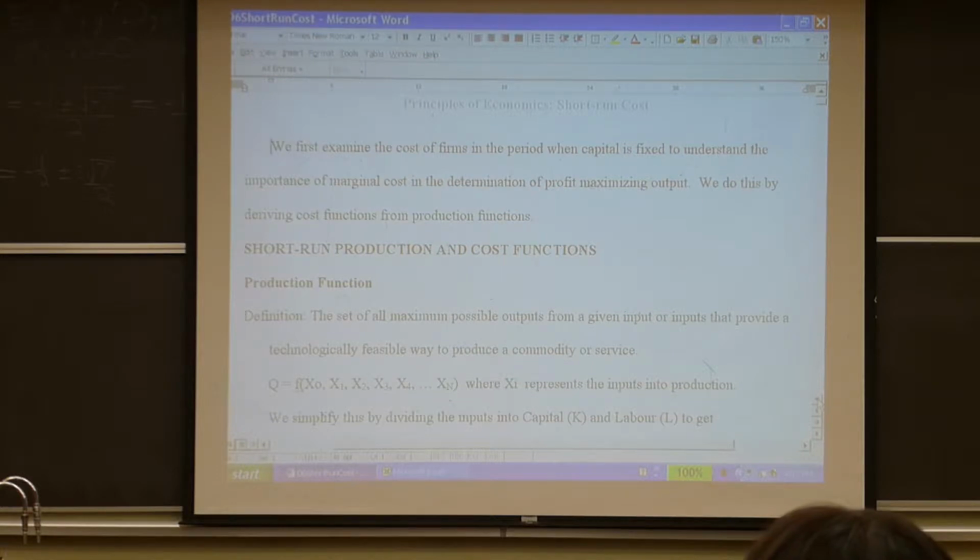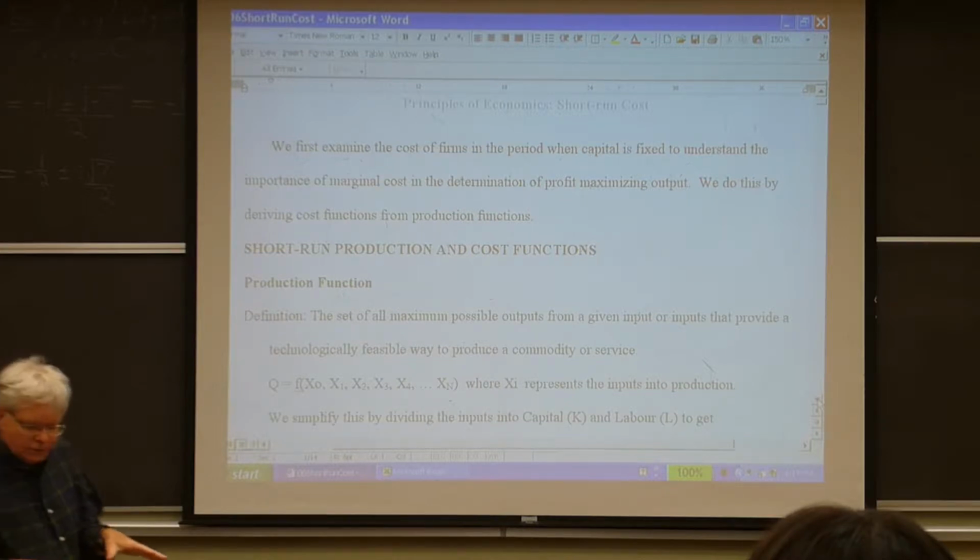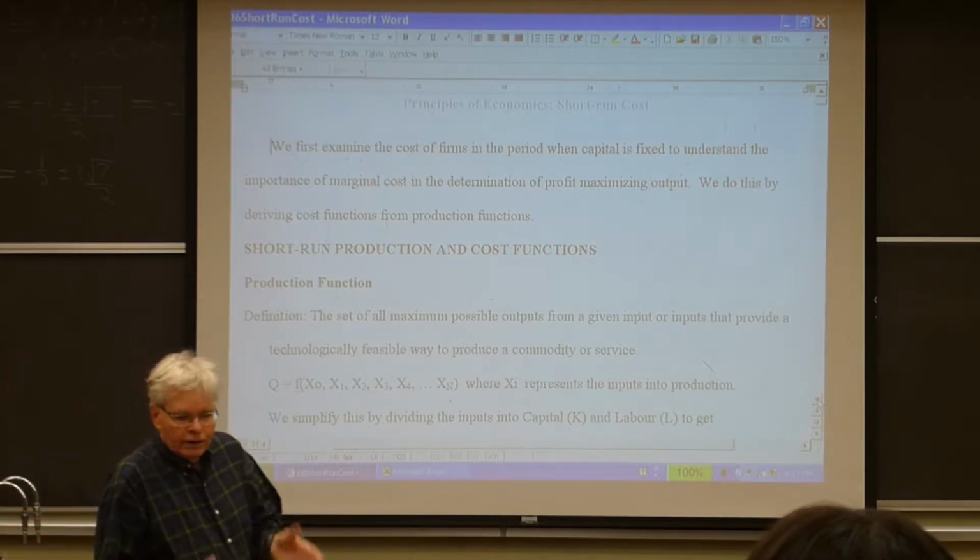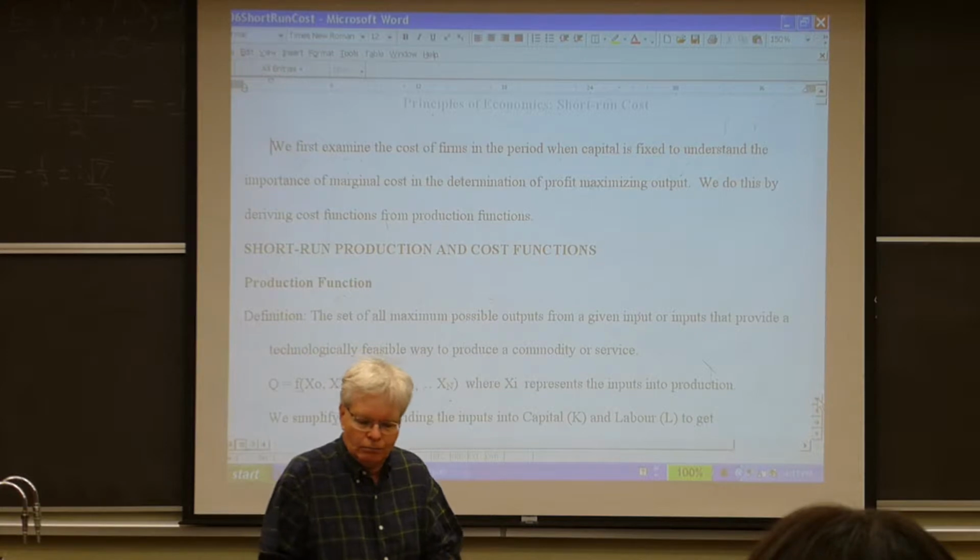All it means is a production function is the combination of inputs, whatever they are, that are necessary to produce an output.